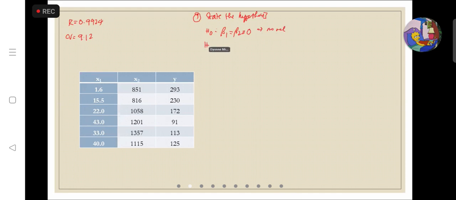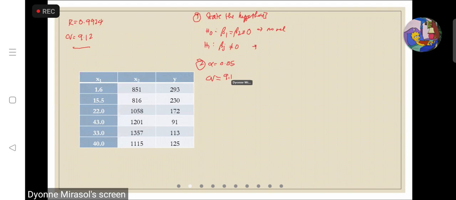Our alternative hypothesis states that there is at least one variable that has a relationship with the dependent variable. The next step is finding the critical value at confidence level of 0.05. So we have already identified our critical value as 9.12.